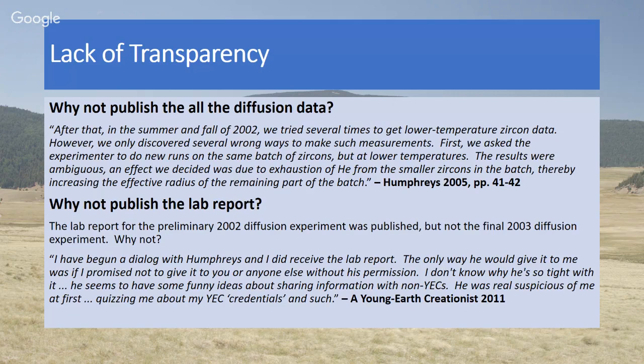When they published the 2002 diffusion data, the experimenter's lab report was included. When they published their final data, there was no lab report from the lab, from the researcher.